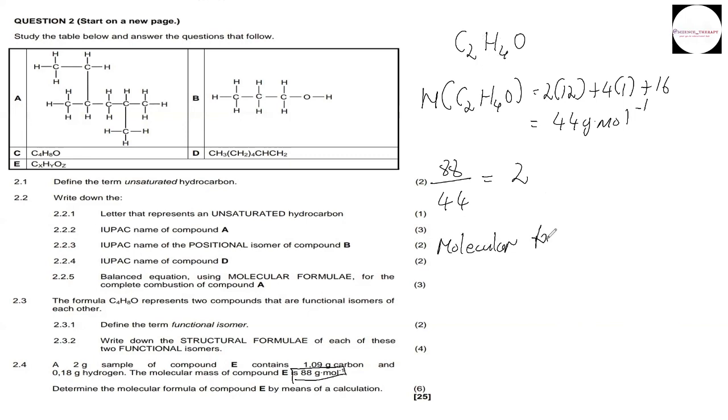So that's C4, 2 multiplied by 2, and then 4 multiplied by 2, that's H8, and then 2 multiplied by 1, that's O2. So this becomes our molecular formula. And then you can even confirm this, it should give you a molar mass of 88 grams per mole. And that's it for calculating the molecular formula.